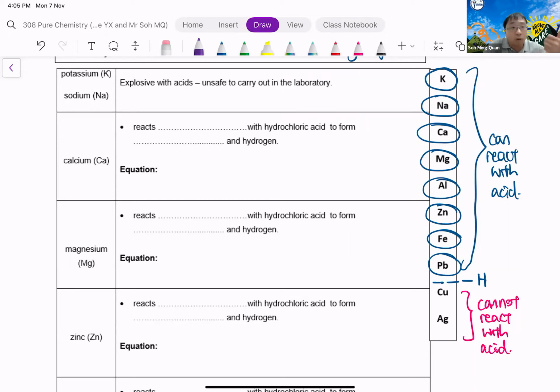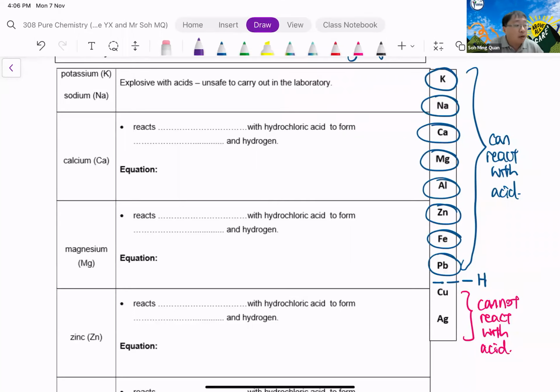To make sodium chloride, potassium chloride, we will use a titration. So hopefully this gels with your understanding of salt prep. We keep on telling you, soluble salt, use titration. And this is the reason why you can't make sodium and potassium salts by reacting them with acids. It's explosive, it's unsafe. You want to make the salts safely. So sodium and potassium, explosive.